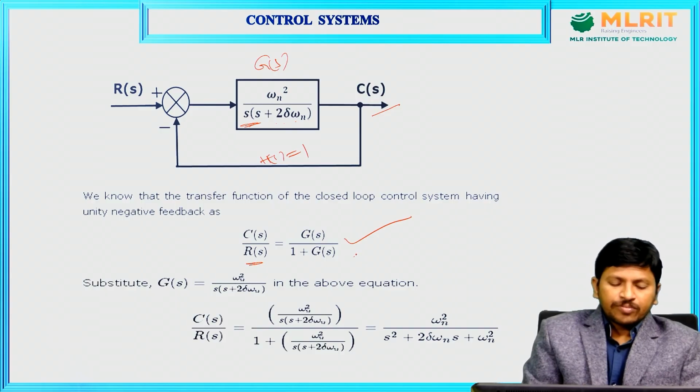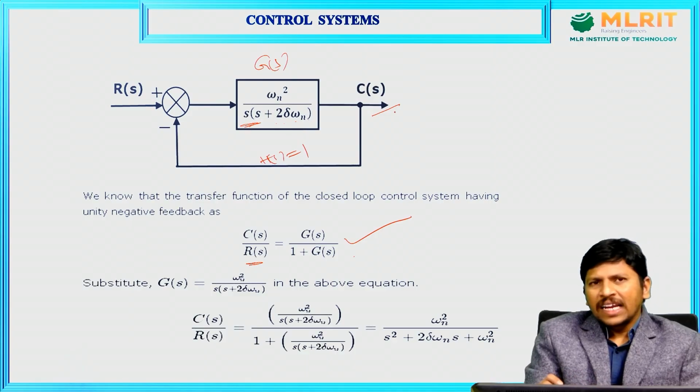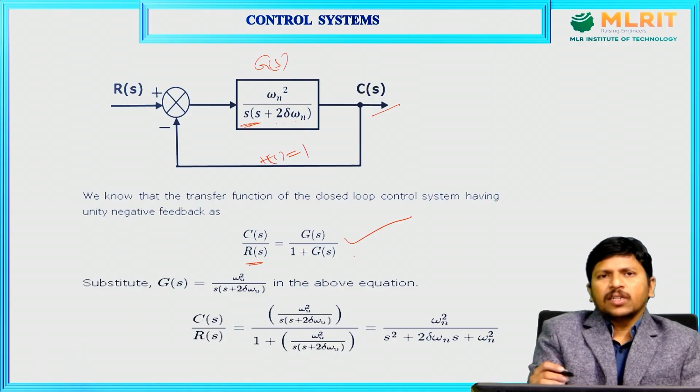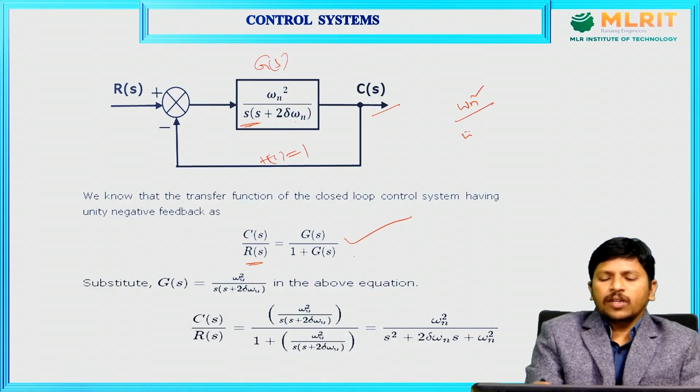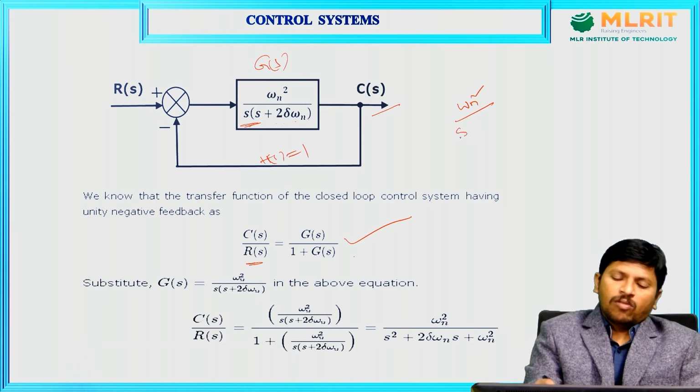Here, as already explained, just consider omega n square divided by s into s square, or else I directly write it in the form of s square plus 2 zeta omega n s.